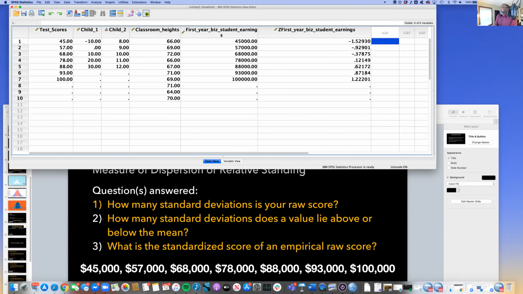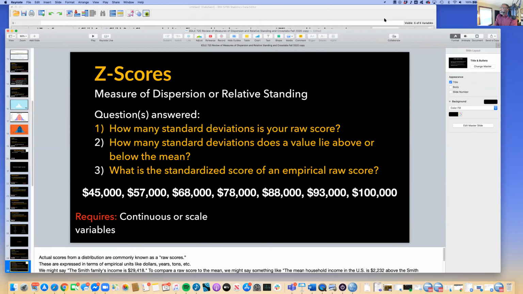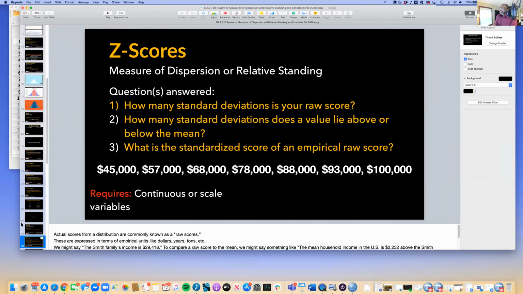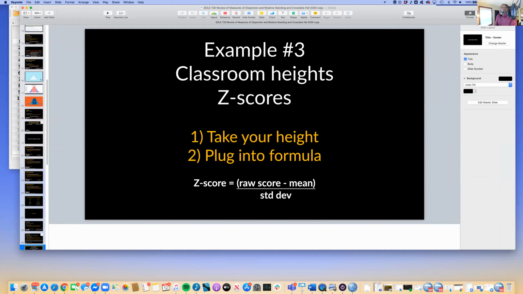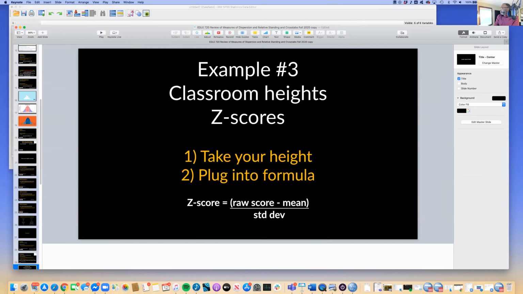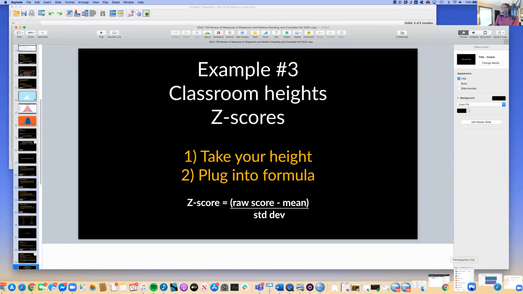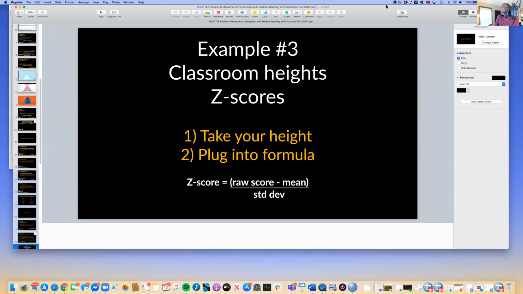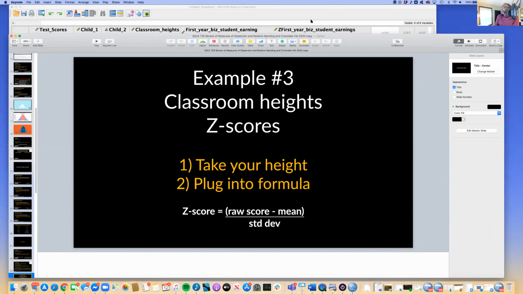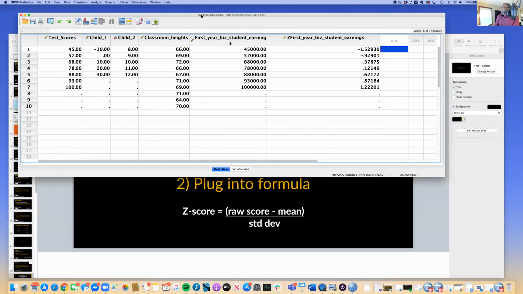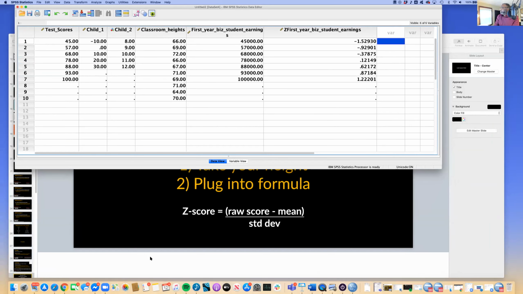So that's real. So then we did this. So let's do a fun thing here. Now we remembered that we did our height formula. And let's go back to our output and figure out what our mean is. I can't remember what our classroom height mean was, but each of you are going to calculate your own Z-score.